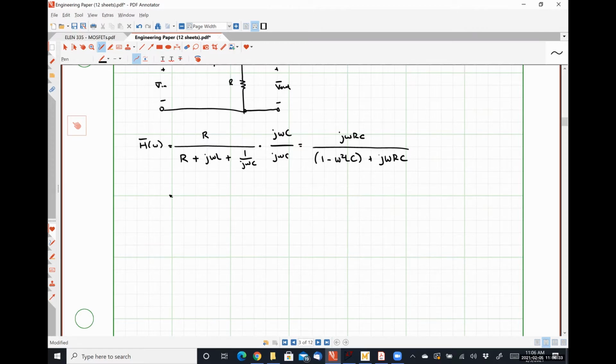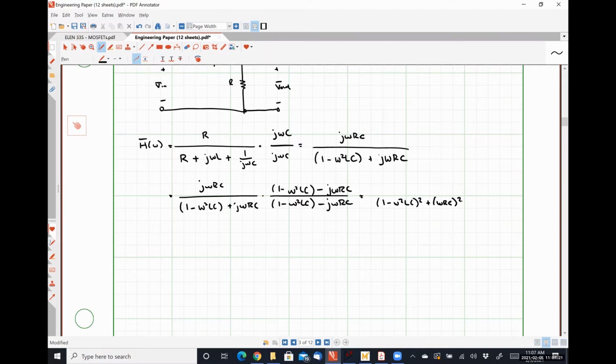So if I take that complex number and I multiply it by the complex conjugate of the denominator, what I will get is in my denominator 1 minus omega squared LC quantity squared plus omega RC quantity squared.